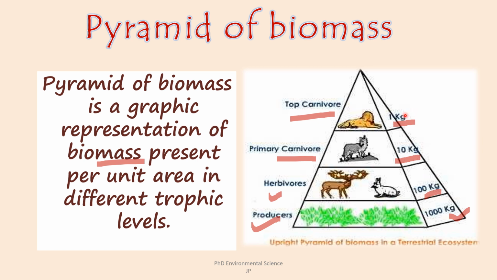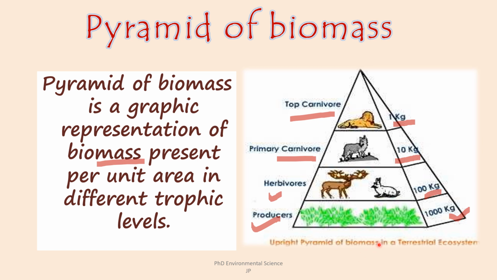of the food chain. So the upright shape of this biomass pyramid is typical of terrestrial ecosystems where producers have the greatest biomass and it declines at each higher trophic level. This pyramid illustrates the foundational role of producers in sustaining the ecosystem, as they convert solar energy into biomass that supports all the other trophic levels.